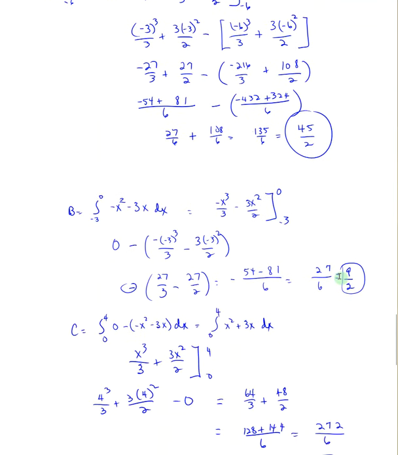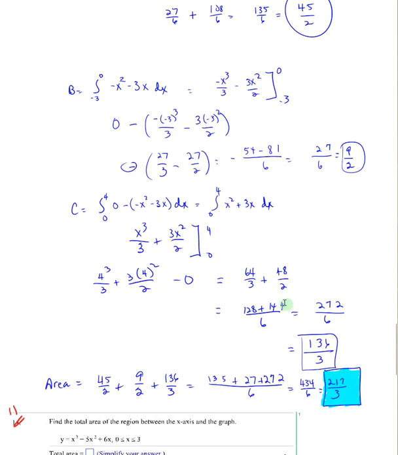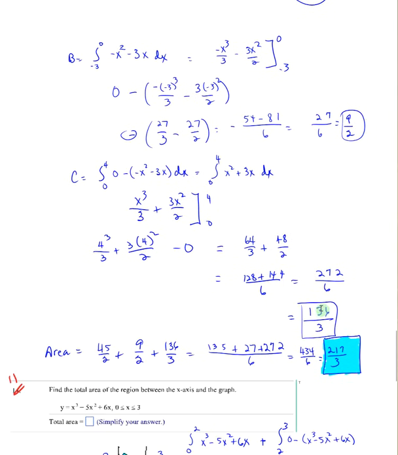You do the B part, and you get 9 halves. And then you've got the C, and you get 136/3. So here are your 3 parts. This was all just computation. We add those together, common denominator of 6, reduce it, and you get 217/3.